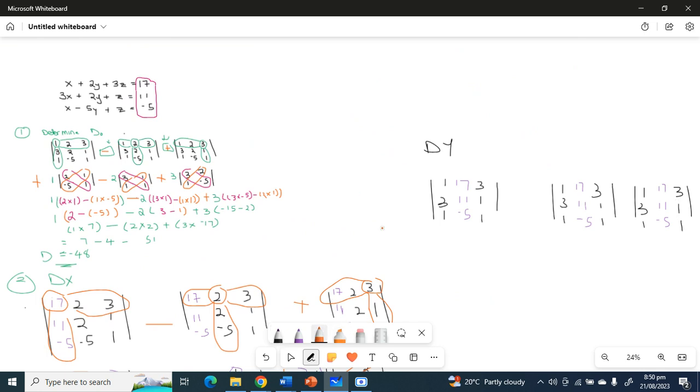So the same pattern still follows. You go to the top left number.